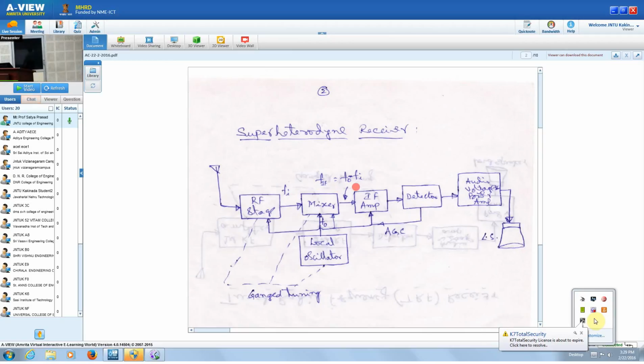This signal is Fs. Yes, it's not Fs. This F is F0 minus Fi, because this is F0 and this is Fs. It's not Fi.